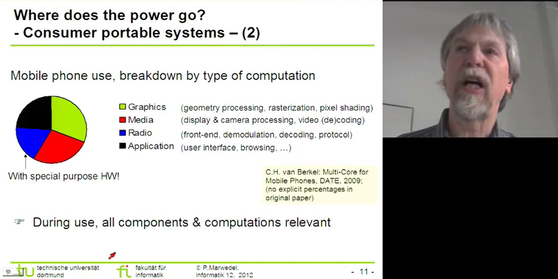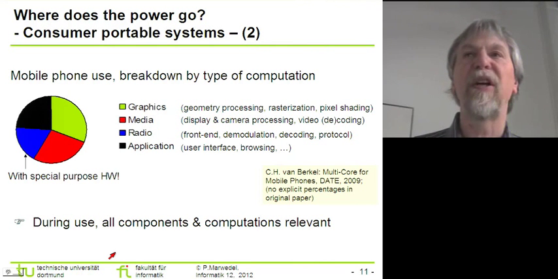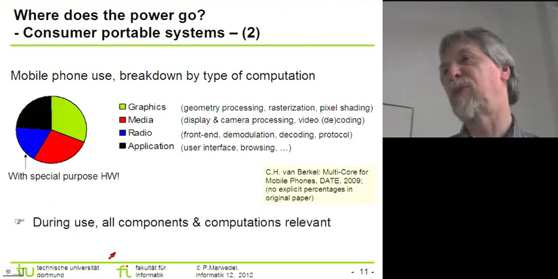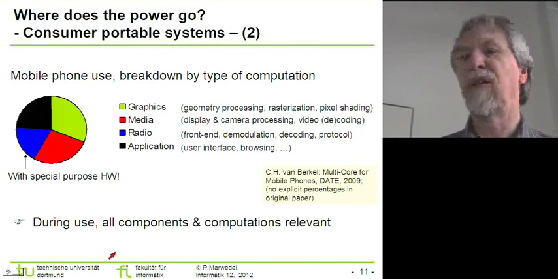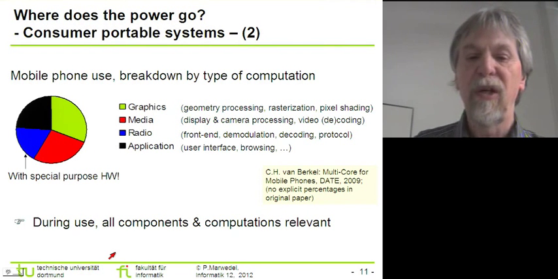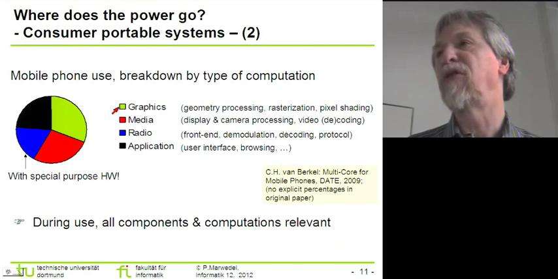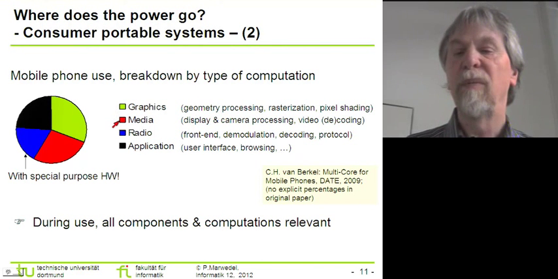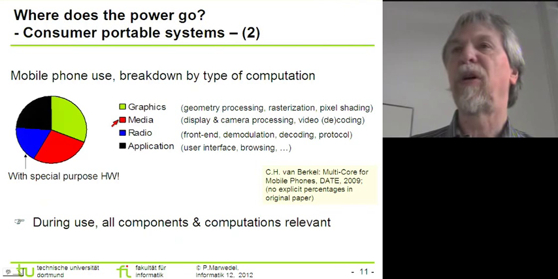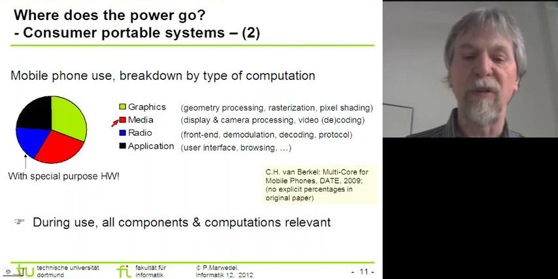Looking a little closer at processing, we can observe that all kinds of processing going on in, for example, a smartphone are actually relevant. From this pie chart, you see that the graphics is in charge of a major share of the power consumption. Media processing, that means processing of audio and video.